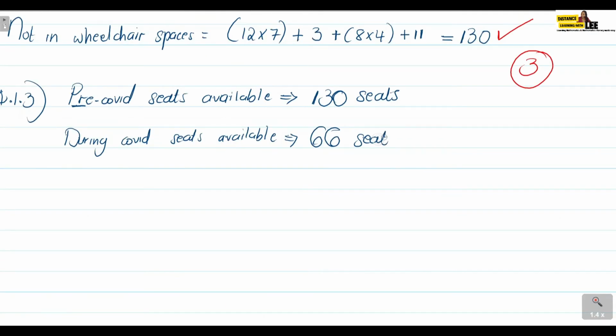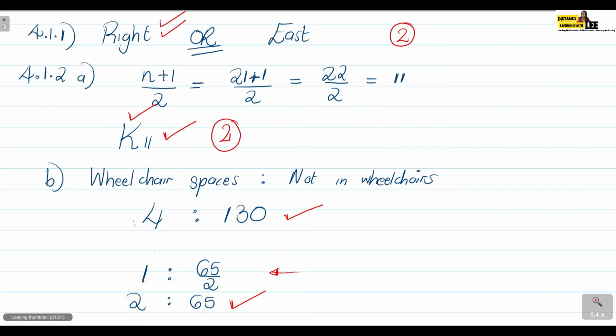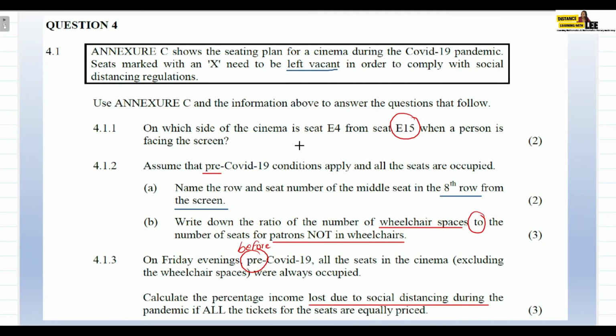Okay. And then all that we need to do from this question, guys, it told us that we need to calculate the percentage income lost due to the social distancing during the pandemic if all the tickets for the seats are equally priced. So what is the percentage of the income that was lost due to social distancing during the pandemic?